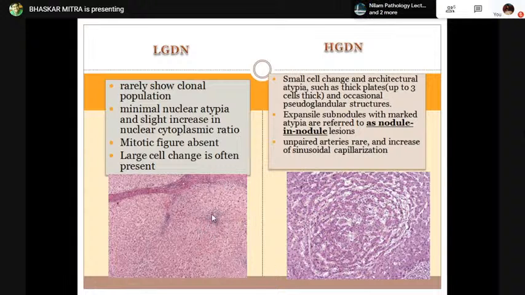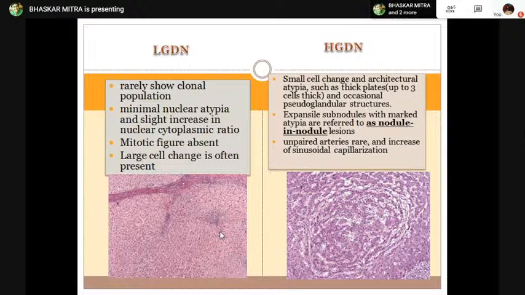Initially through sinusoids they get the blood vessels. As it progresses, there is capillarization of the sinusoids. Normally in the sinusoid we don't see endothelial linings. As it progresses to malignancy, the capillary proliferation increases, so we can see more and more endothelial lining cells.